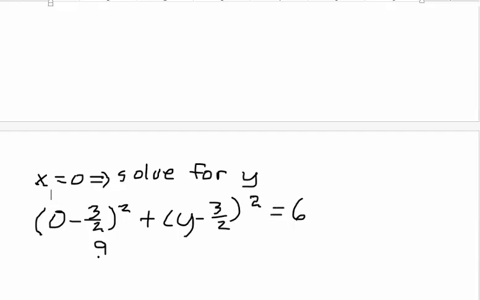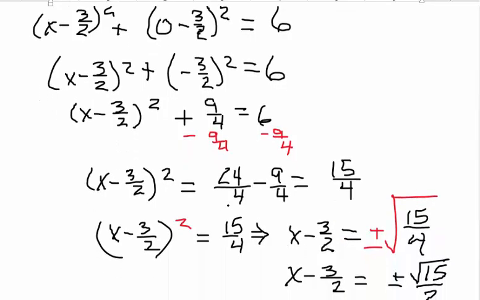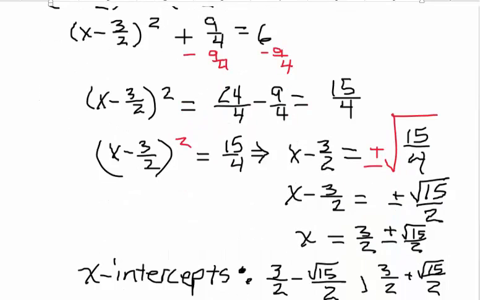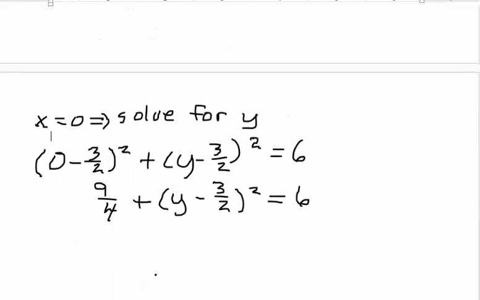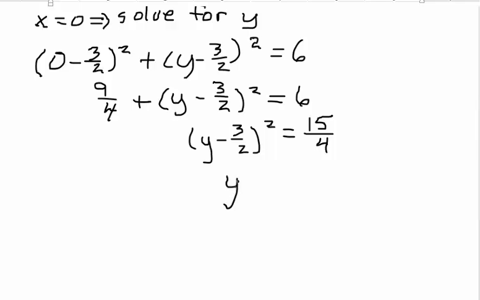Hopefully you see that we have the exact same thing we had, where when we subtract the 9/4 from both sides, 6 minus 9/4, if we go back up here, is still going to be 15/4. And then notice I'm going to get the exact same result, except instead of this equaling x, it's going to equal y.